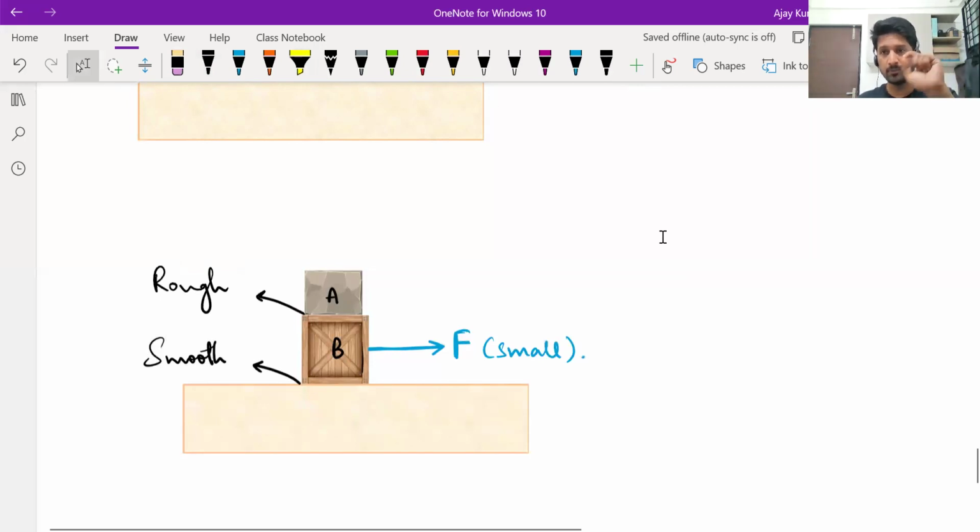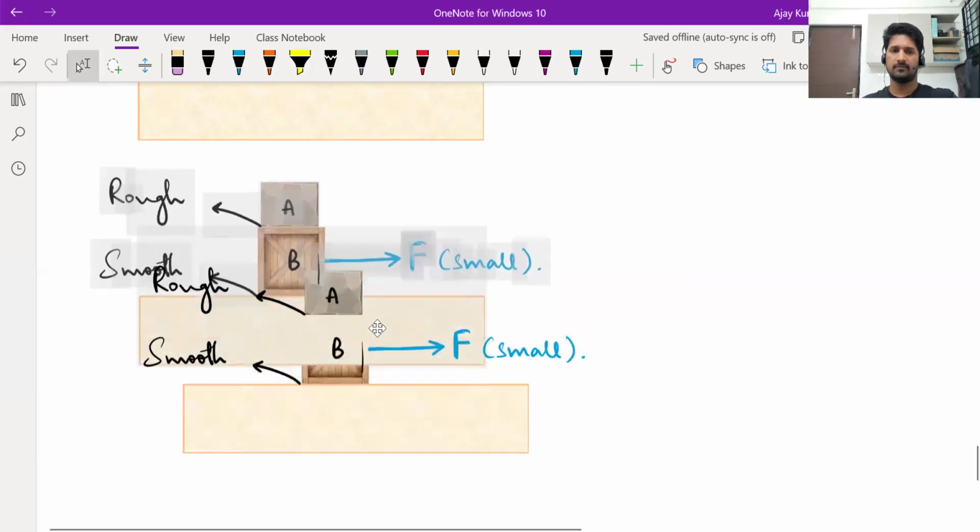And the purpose we do that is, once you visualize the situation when the surfaces are smooth, you can visualize the direction of sliding. And from that, you can tell the direction in which friction is going to act. Okay. So now tell me what is going to happen. Will friction act between the blocks or not? If the surface between them is rough.